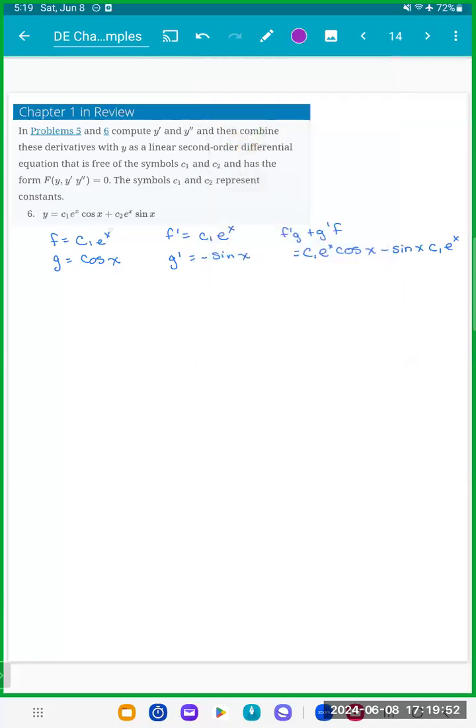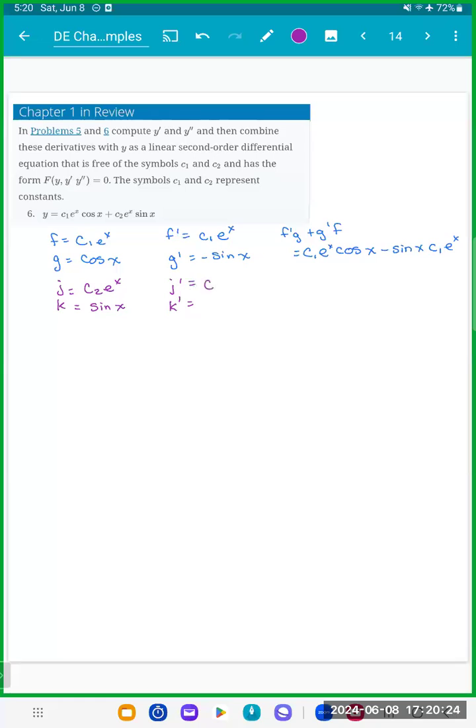So we also need to do here, instead of calling it f and g again, I'm just going to continue with j and k. So j would be my c2 e to the x, and my k would be sine of x. It doesn't really matter what we call these. We could have called all four of them f, all four of them g. It's just a little more confusing. So that's why I went with j and k. So we have j prime and k prime that we still need to determine.